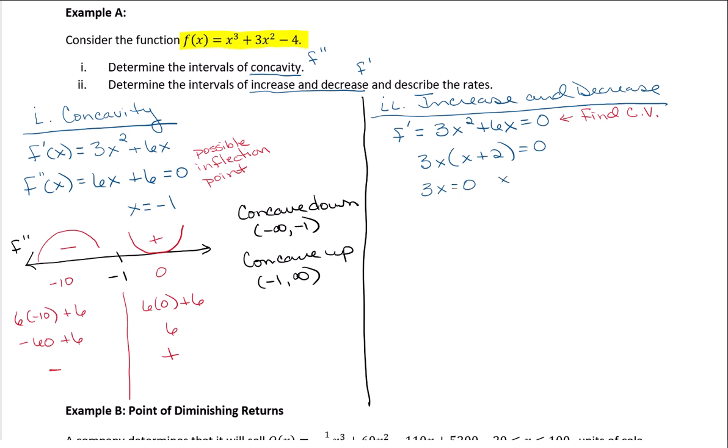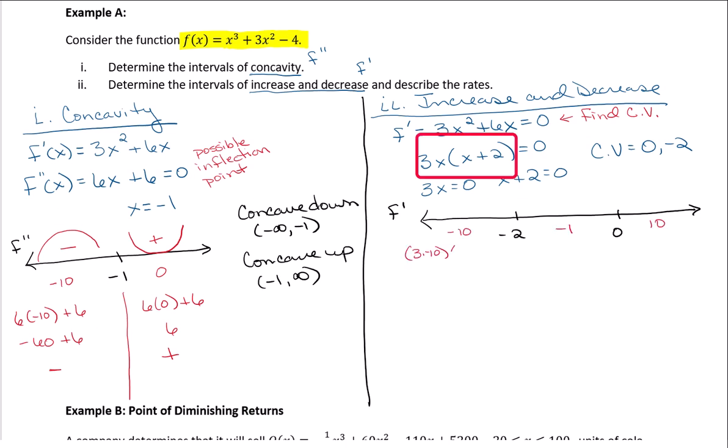After we factor and set each factor equal to 0, we get critical values of 0 and -2. So to find our intervals of increase and decrease, we'll use our number line method again.